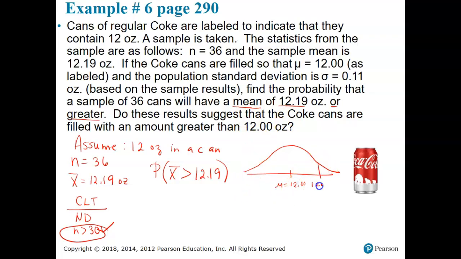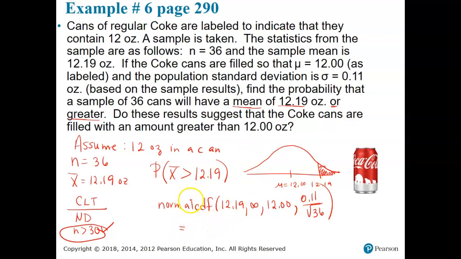So we've got 12.19. So I'm going to do the normal CDF from 12.19 to infinity with a mean of 12 and a standard deviation of 0.11 divided by the square root of 36 for the sample size.